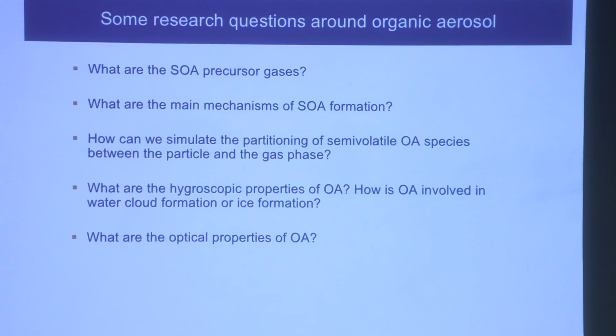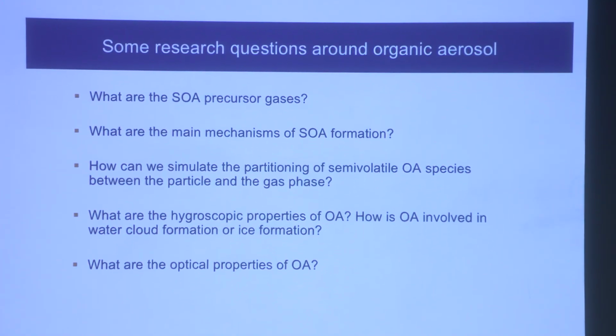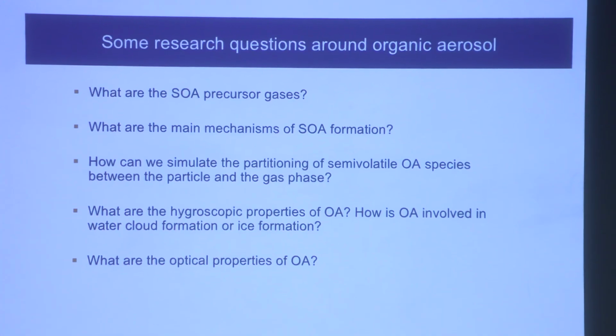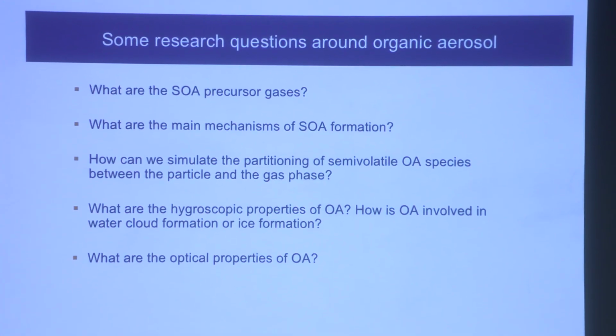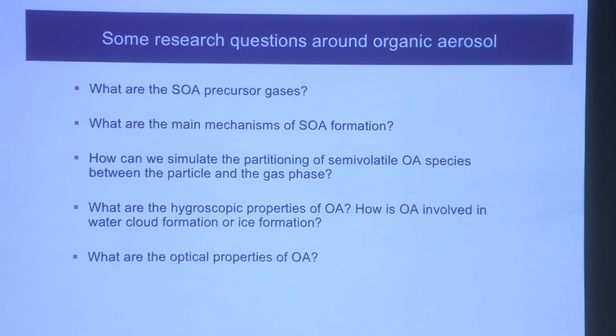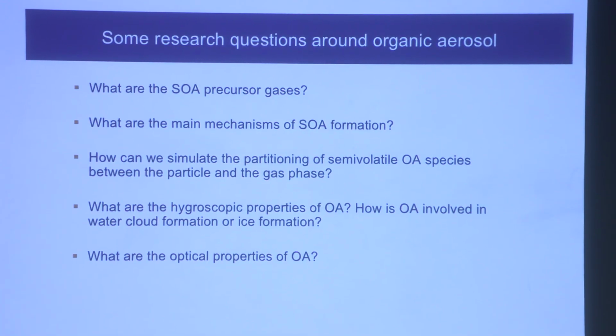Secondary organic aerosol is also one big area in our field. Some of the questions that people ask: what are the precursor gases, right? Are they being emitted from anthropogenic activities, or do they come from plants? So the anthropogenic and biogenic division is very interesting. What are the mechanisms, right? How do these gases have to react to form something that can condense into the aerosol phase?